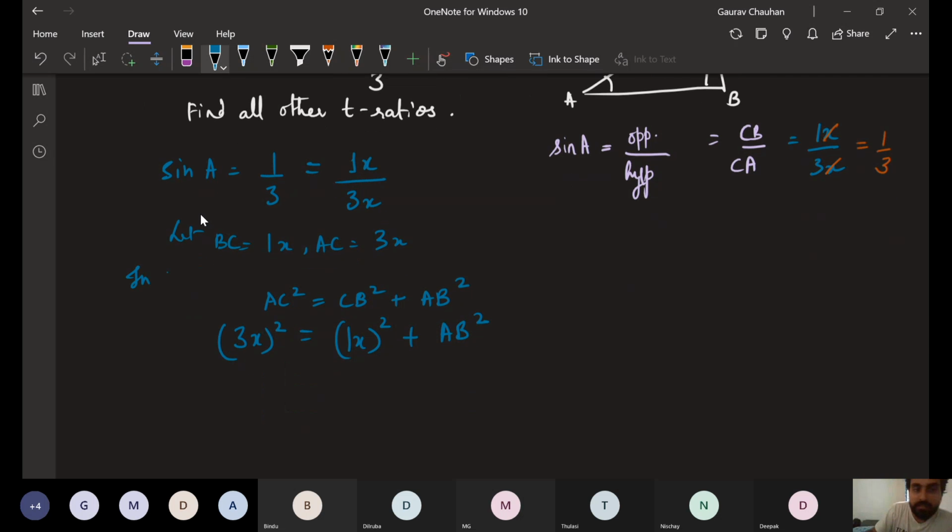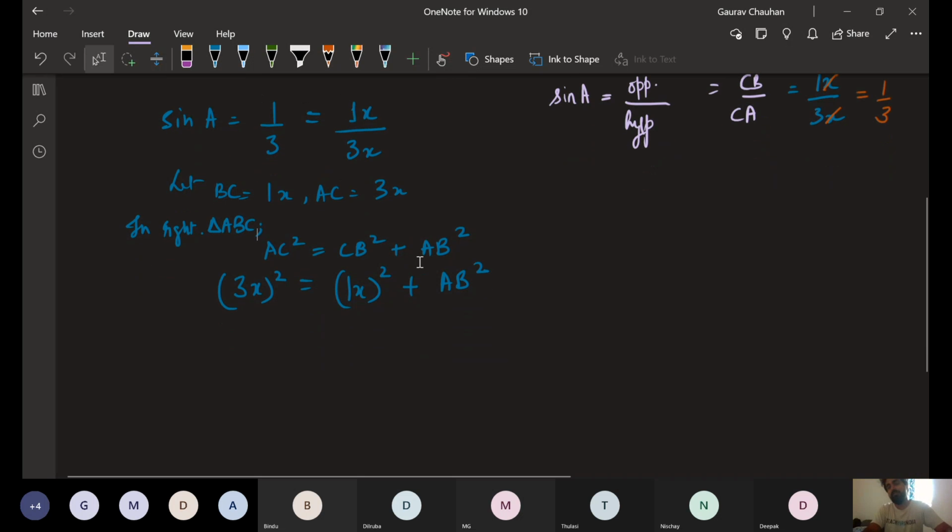In right triangle ABC. Anyone has any doubt how this happened? I'm assuming everyone is good. So from here, anyone would like to solve? Maybe Rizak, do you want to solve this with me on screen? Yes, sir.